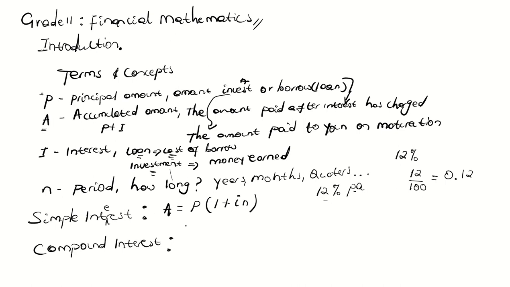Okay, let's look at compound interest. If you were earning interest or charged interest in the compound interest method, your accumulated amount would be your principal amount, 1 plus your interest rate, but this time n is an exponent, okay?